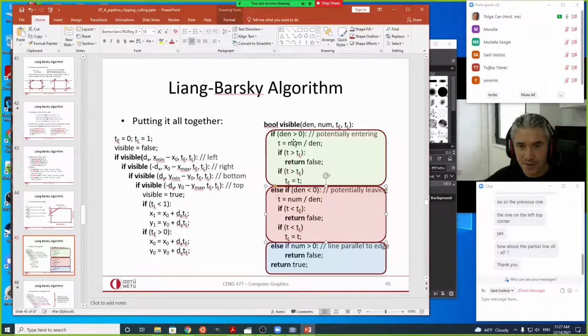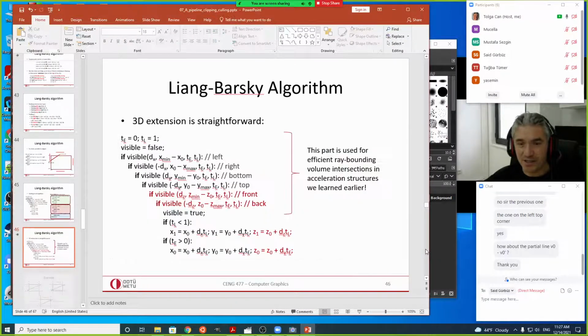If the denominator is 0, it means the line is parallel to the edge, and we treat it separately: it's not going to be visible, or here we set it visible, and this is how we treat parallel edges.